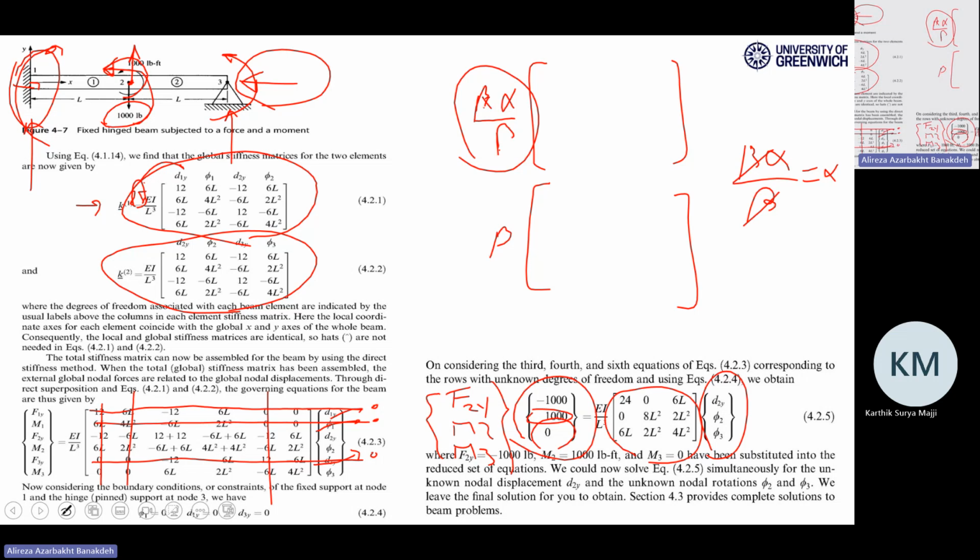I want the top one to be like the bottom one, to have the same identical value in front of the matrix. What to do? I will keep this beta out. I will bring this one in. I will keep one of the betas out, like I will say this is beta, and multiply whatever you have inside by the ratio of alpha over beta.